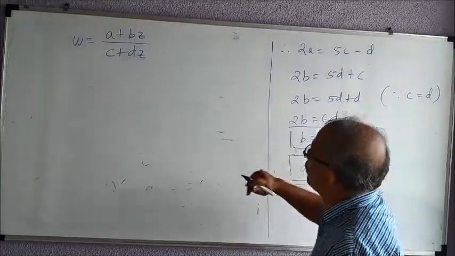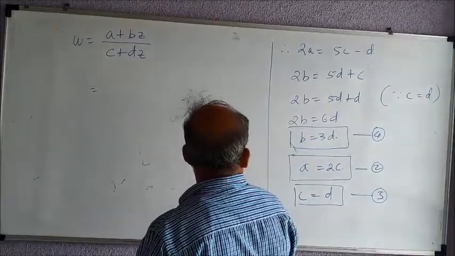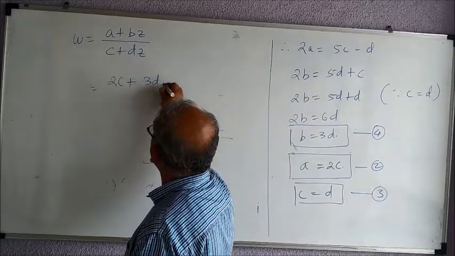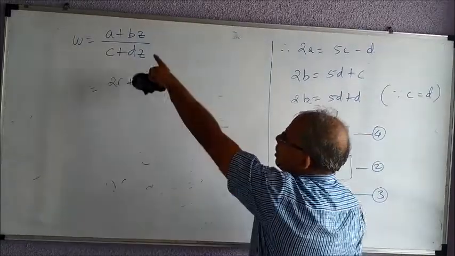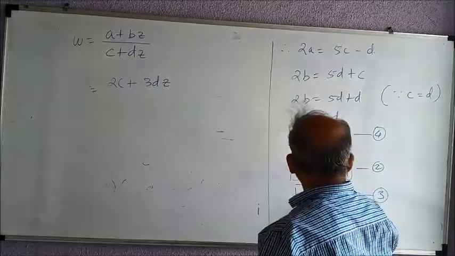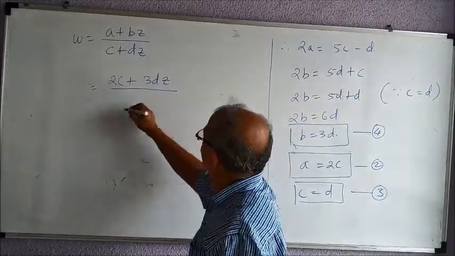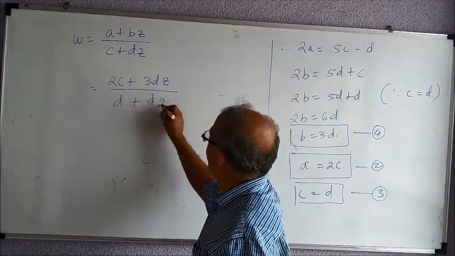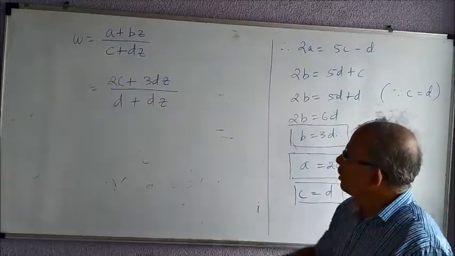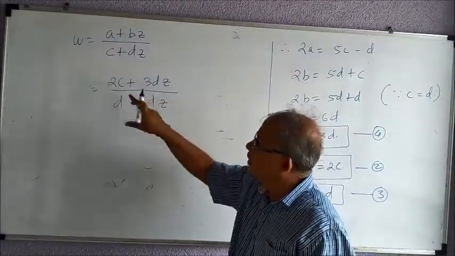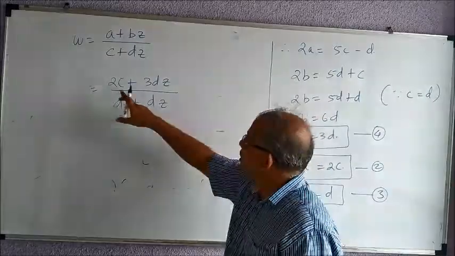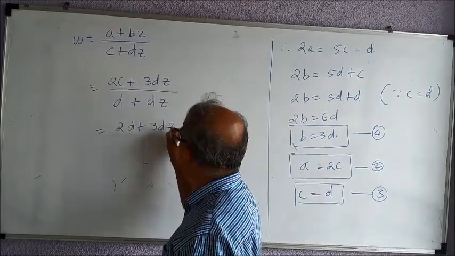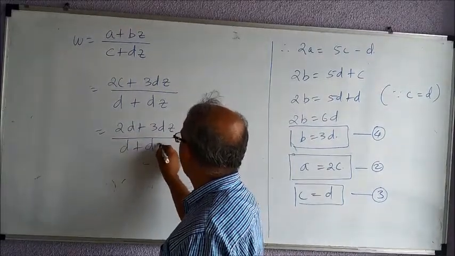B is equal to 3D, I'll substitute. A equal to 2C. A is 2C, B is 3D, divided by C is D, plus DZ. Right? Every constant I have converted to D, and C is replaced by D. So this is (2D plus 3DZ) by (D plus DZ).